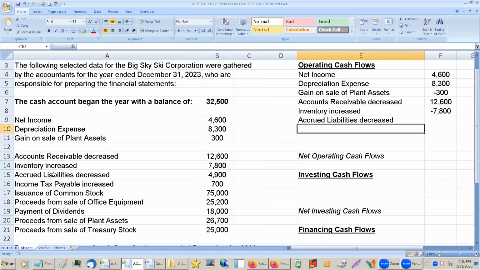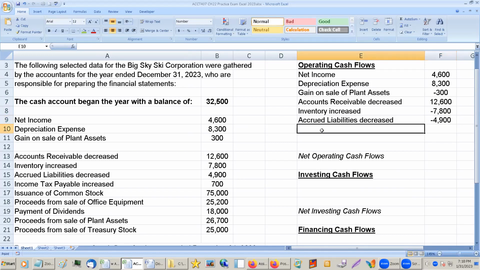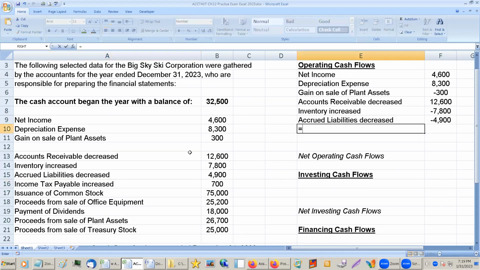Negative. Yep. Yeah, so the only way they decrease is if you pay them. Income tax payable increased. Plus or minus? Plus.